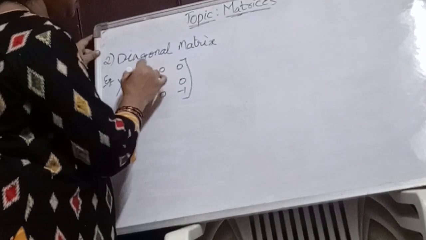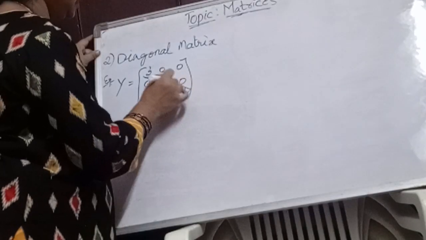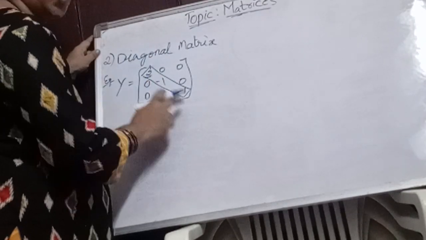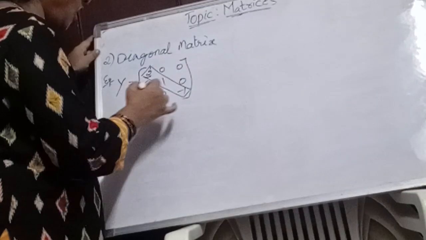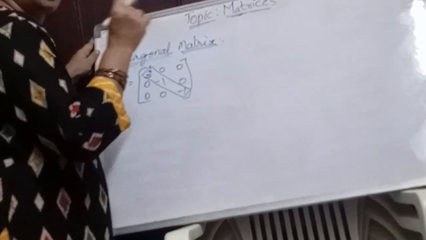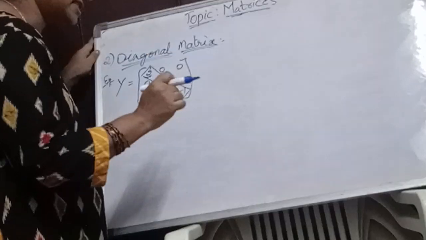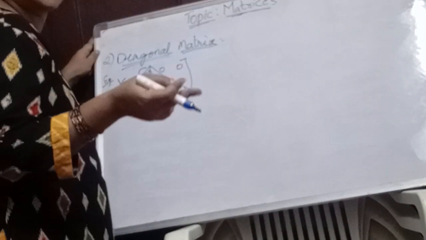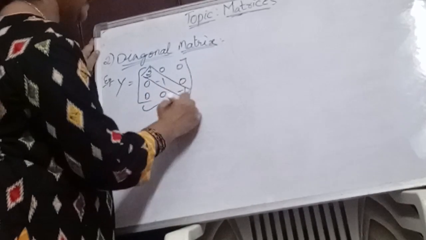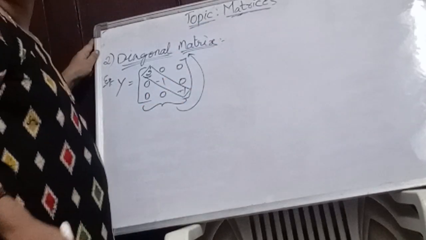Observe the principal diagonal. Only the principal diagonal of this matrix has numbers. The remaining elements are all zeros. So if a matrix has numbers or letters on the principal diagonal and all the remaining, non-diagonal elements are zeros, then we call this type of matrix a diagonal matrix.